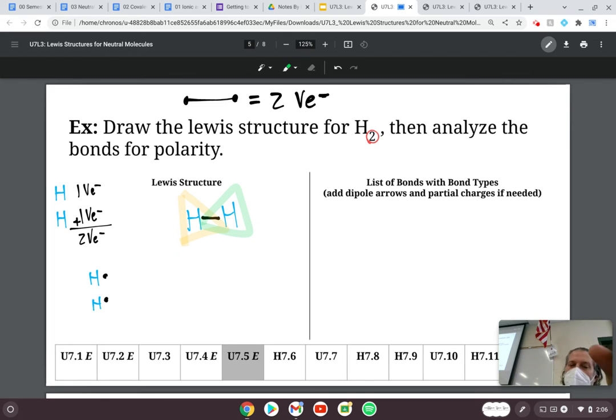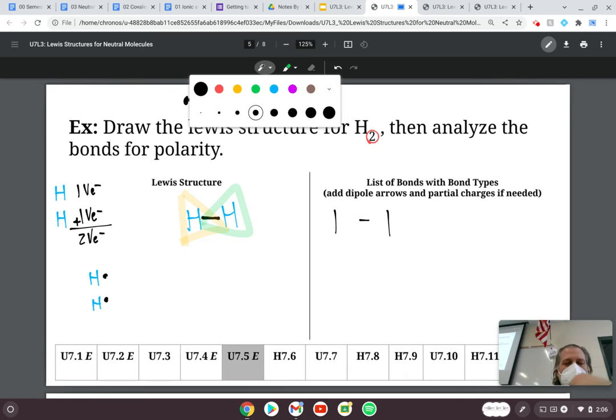Ish, maybe. The next thing we're going to be asking you to do is to identify what type of bond is present here.